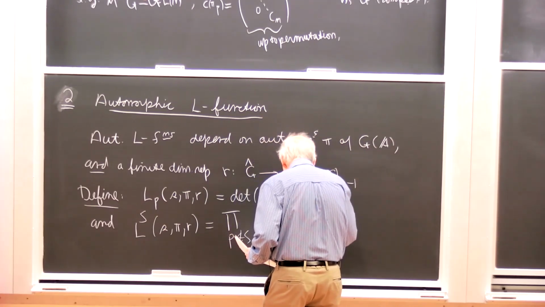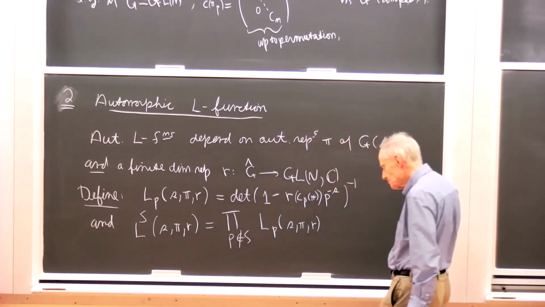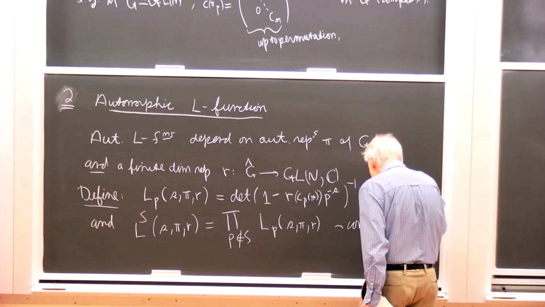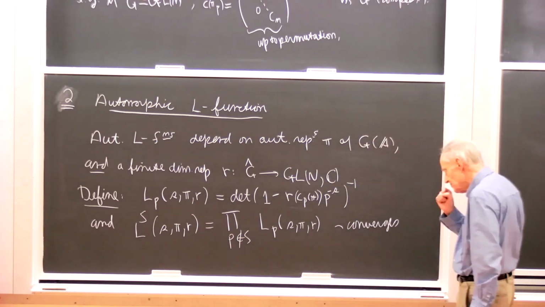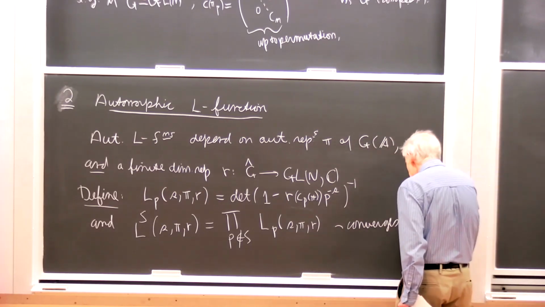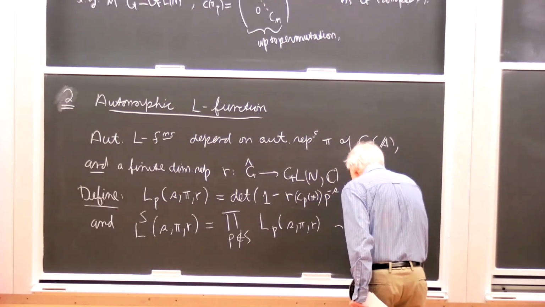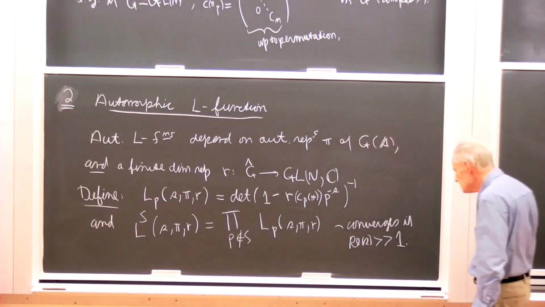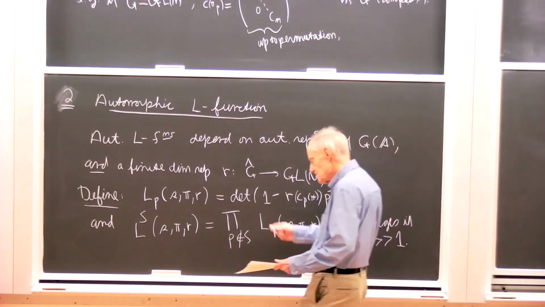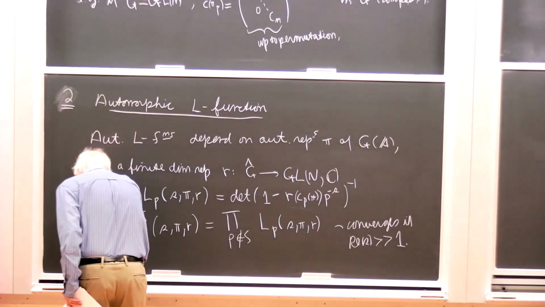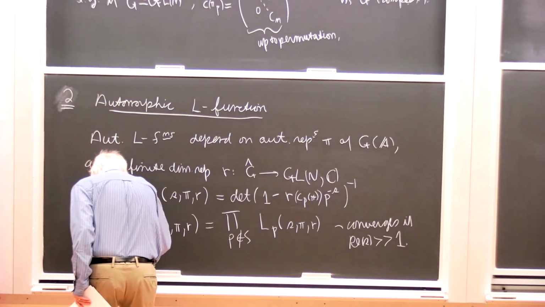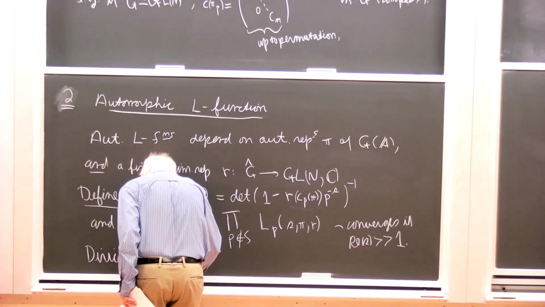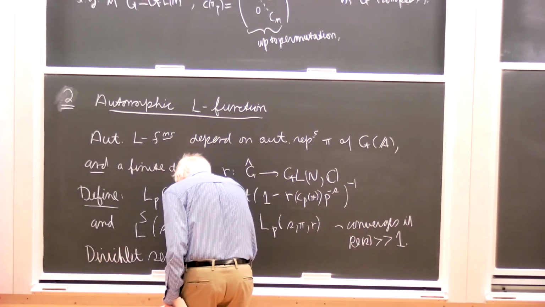And so this converges, depending on pi, certainly if the real part of s is sufficiently large. So this is a Dirichlet series, like the Artin L functions. It's a Dirichlet series with Euler product.